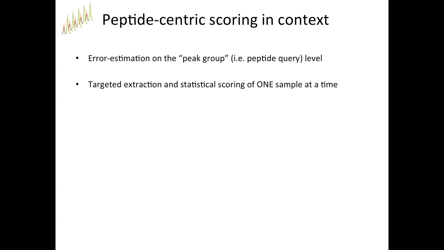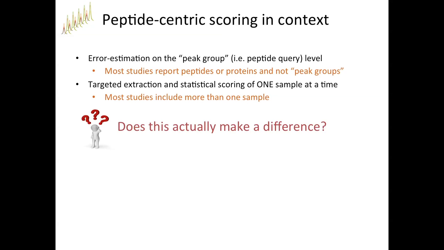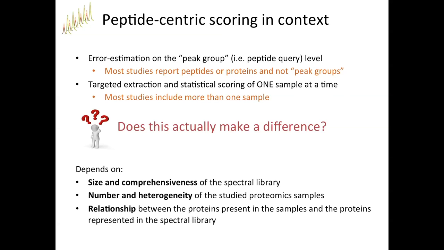But if you think about the data sets that you are analyzing in your lab, you probably are interested not in peak groups, but you want to report peptides and proteins. And also, most of the time you don't analyze one sample, but you are interested in a large data set, including multiple samples. So now the question is if this makes a difference. And the answer is yes, and it depends on your experimental setup and the way that you analyze your data.